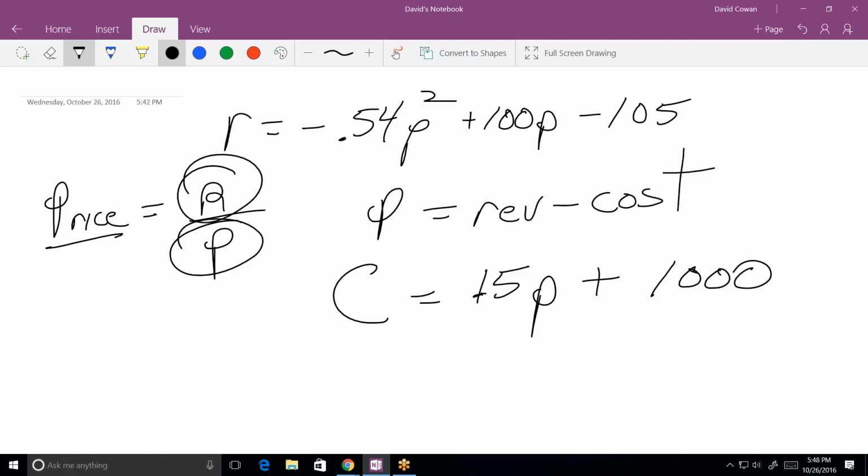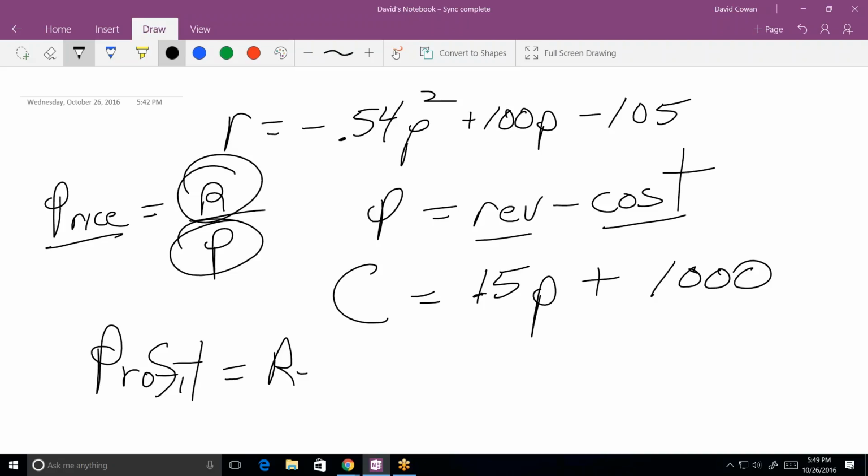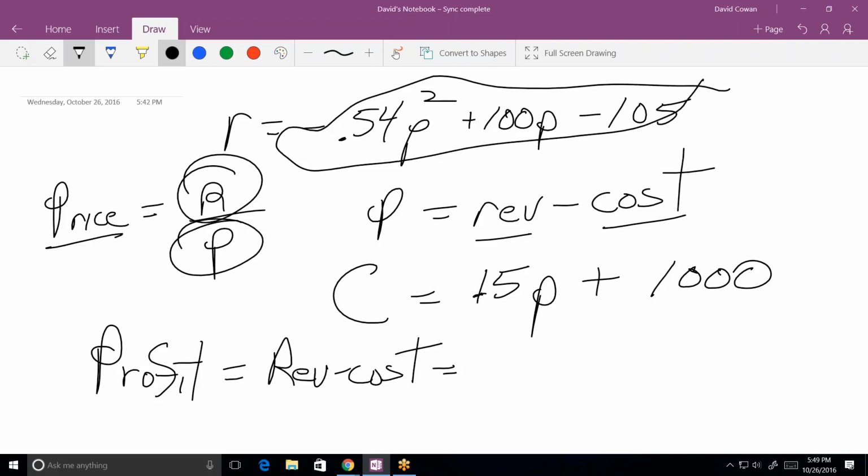Okay. Well, now we have a revenue equation, which is at the top, and we have a cost equation, which is right there. So, profit is equal to revenue minus cost, which in this case is this equation minus this equation.